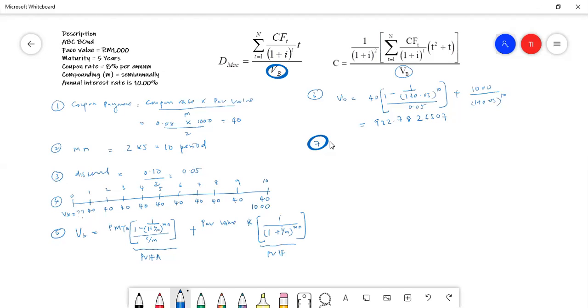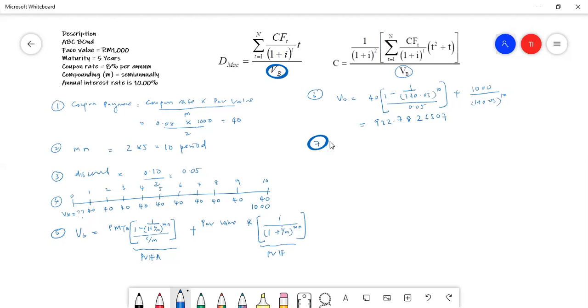So in this case, we want to calculate 40 discounted to year 0 and multiply by period 1. 40 discounted to year 0 and multiply by period 2. Then after you get all the data until maturity, you sum all the present values of cash flow and divide it by the bond value itself.